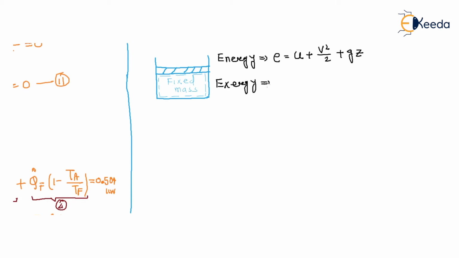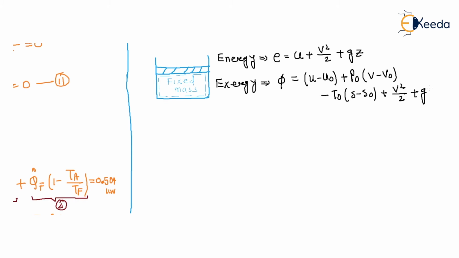Phi is your maximum, that means relative to the dead state: U minus U naught, plus P naught (V minus V naught), where V is your volume, minus T naught (S minus S naught), plus kinetic energy plus potential energy Z. So this is your exergy for a closed system, right?